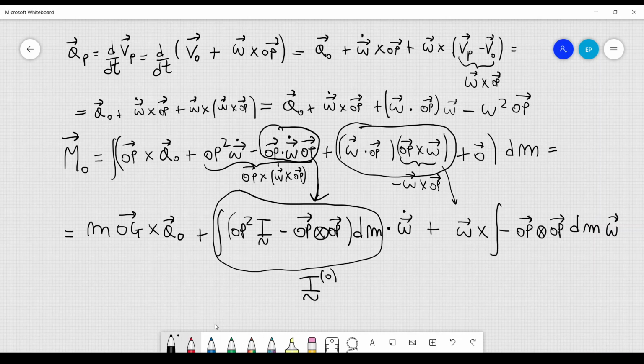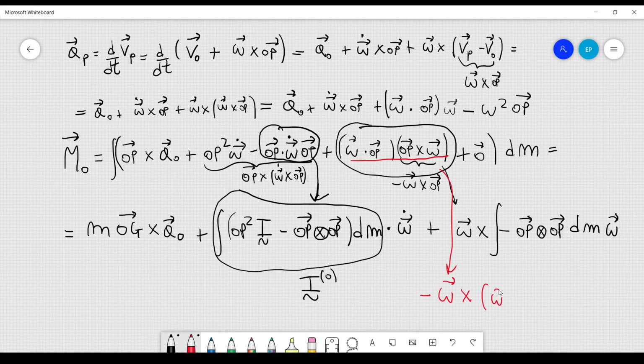Well, let me do it in red below. So the formula here can be rewritten like this. I have minus because I can rewrite the cross product by switching the two vectors and changing the sign. And therefore I have minus omega cross. And now I'm going to put the scalar before the vector OP.